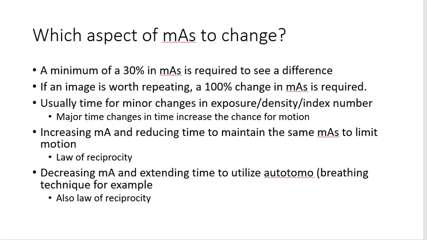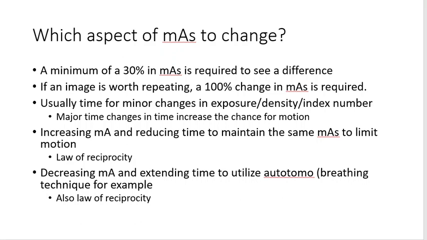Likewise, if you decrease your MA and increase your time, as long as the overall mAs value remains the same, and as long as your reciprocity holds true, then your mAs value and your exposure to the image receptor remains the same.